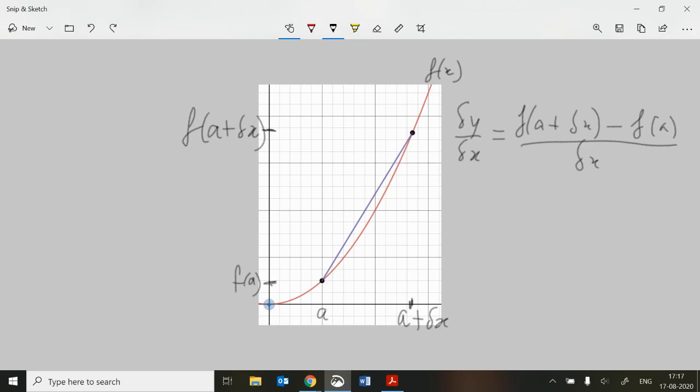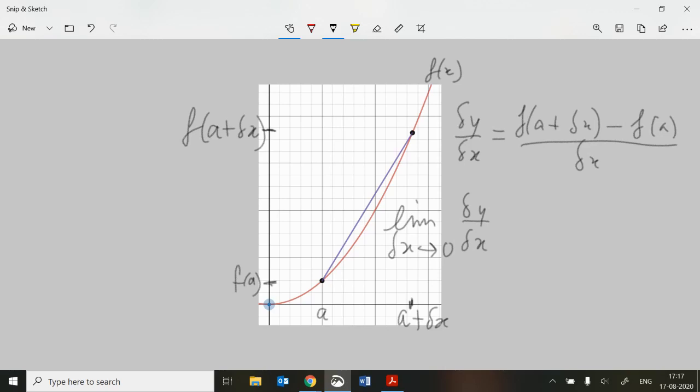getting our gradient formula, which is going to give us our derivative. So what we're going to do is take the limit, lim delta x tending to 0 of this delta y over delta x.